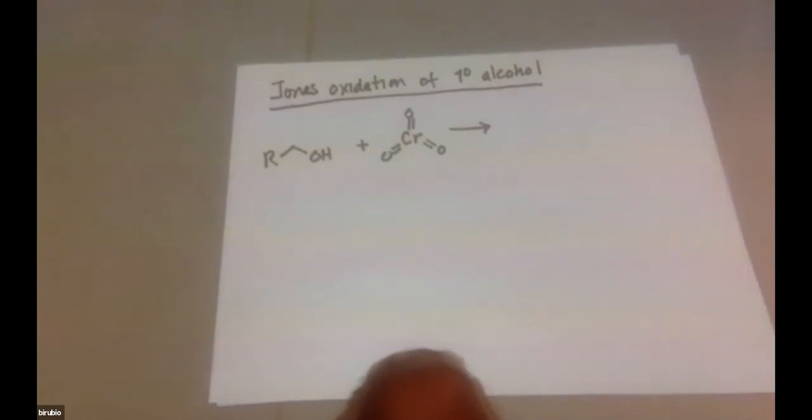Now look at this combination of stuff and tell me who is the nucleophile and who is the electrophile, and how do you know? Who's the electrophile? He's easy to spot.